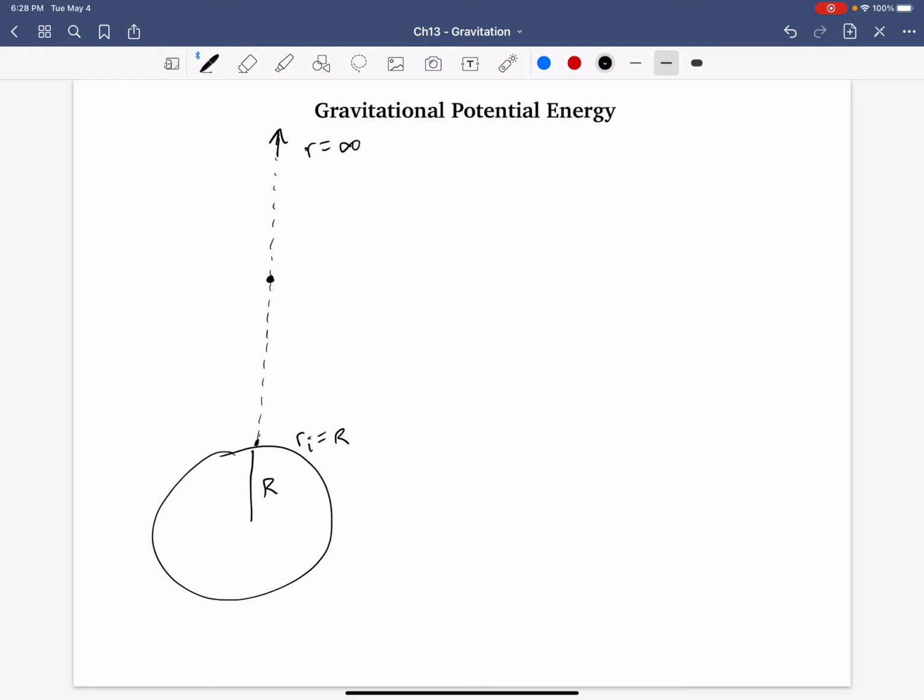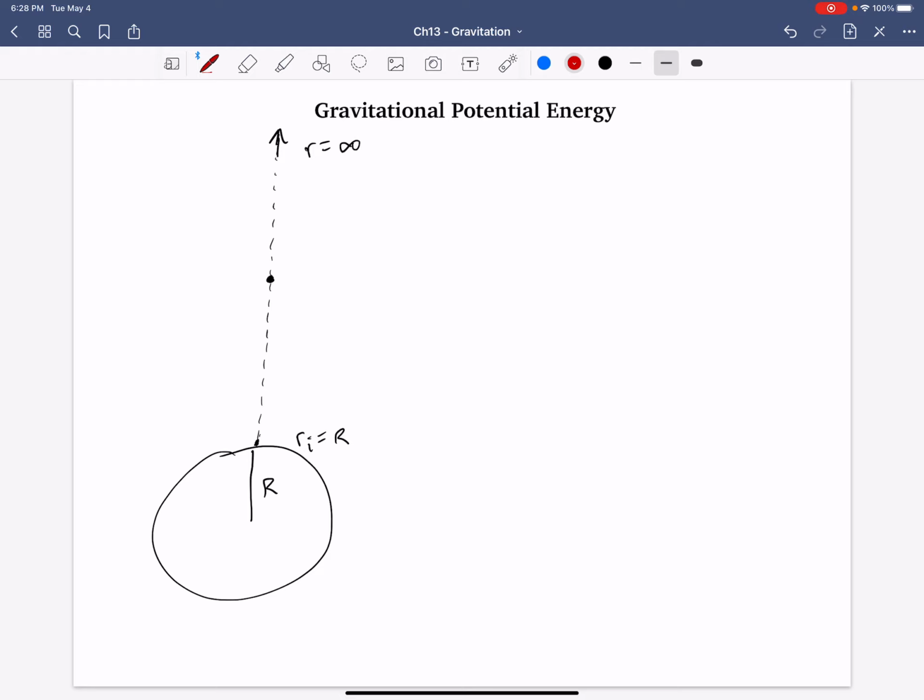Because objects are such a great distance from the center, much further than just the radius of the Earth, the force of gravity continuously decreases as 1 over the distance squared. So let's take a look at the forces on this object and how that relates to its gravitational potential energy in the general sense.